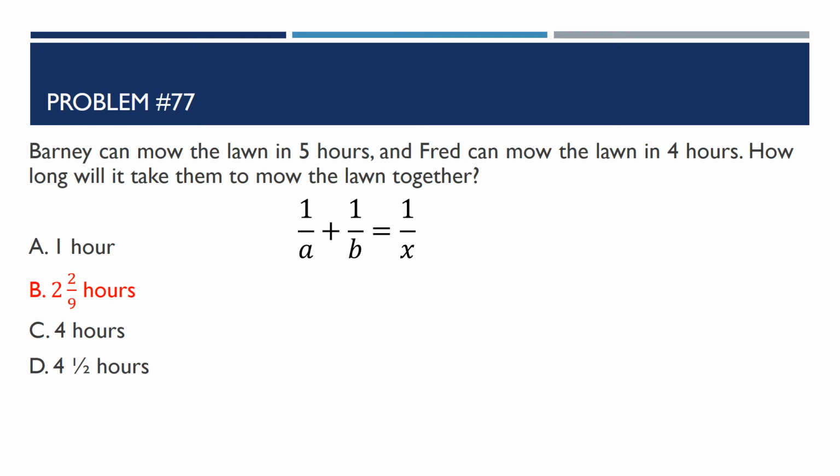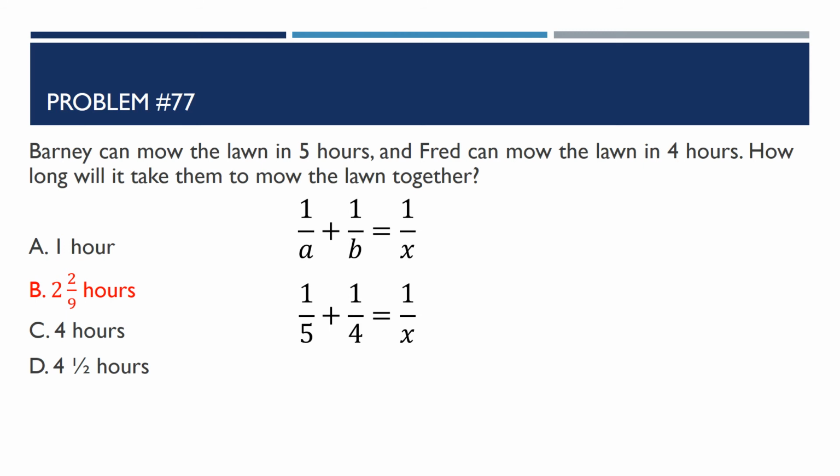So let us substitute. Let's use a for Barney and b for Fred. So it's 1 over 5 hours plus 1 over 4 hours equals 1 over x, and the x will be for when they are together, and that's what we are going to look for.